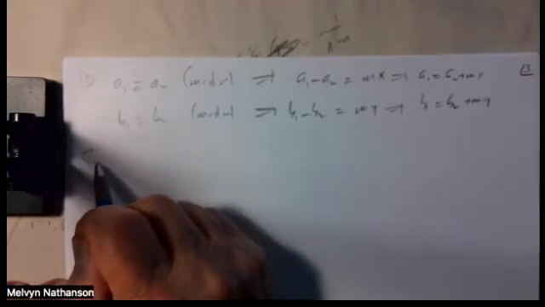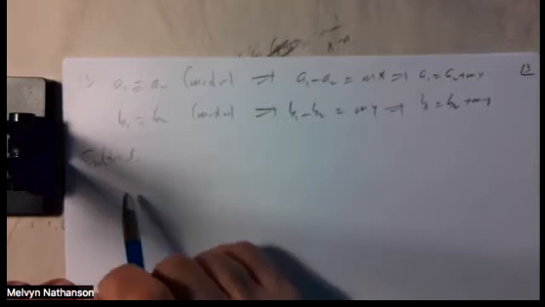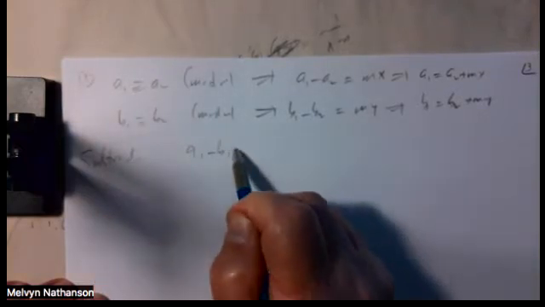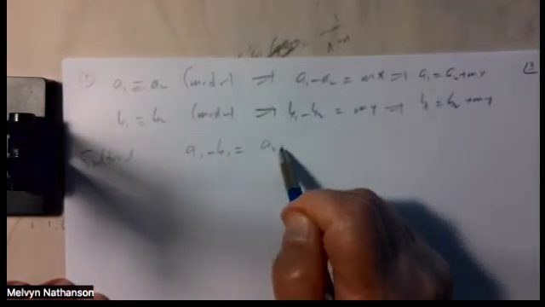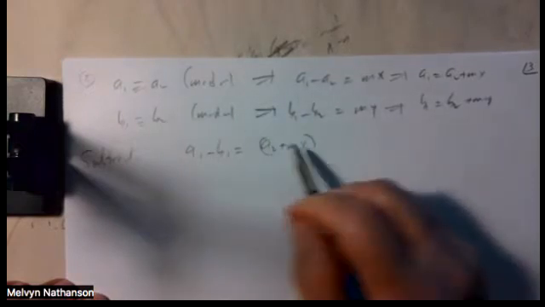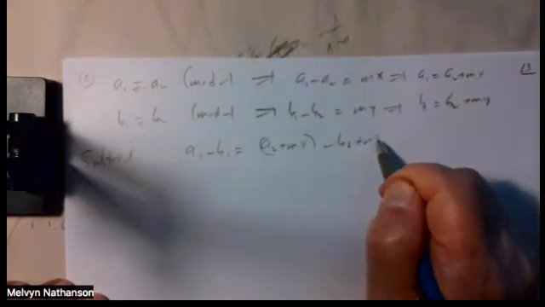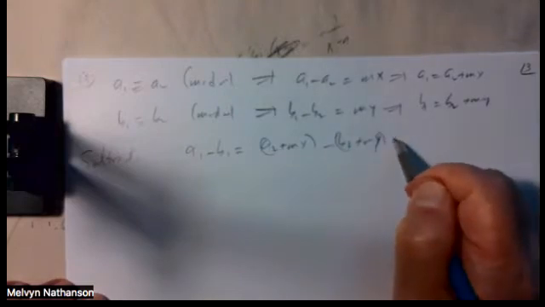And if I subtract these equations, I get A1 minus B1 equals A2 plus MX minus B2 plus MY.